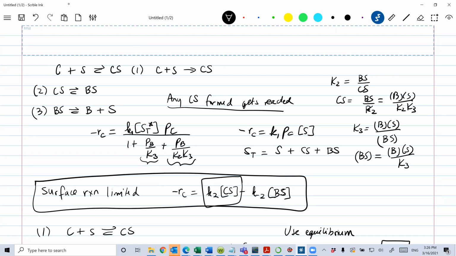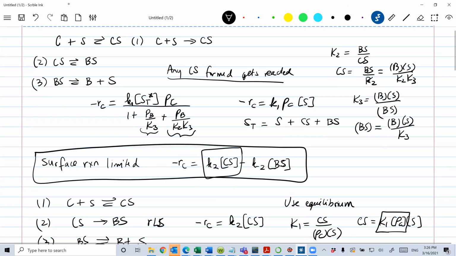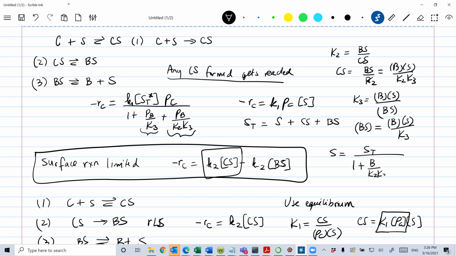Make sense? Because this is this, you can just do that. So that's how you get your total site balance. You can solve for S in there.